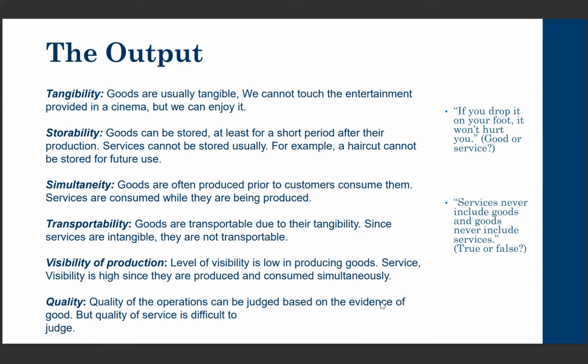But when it's a service, like a haircut, we can see from the beginning of the service what steps are involved. When they are washing your hair, then trimming your hair, combing your hair, you can see every step of the production. So for services, the visibility is high since they are produced and consumed simultaneously.